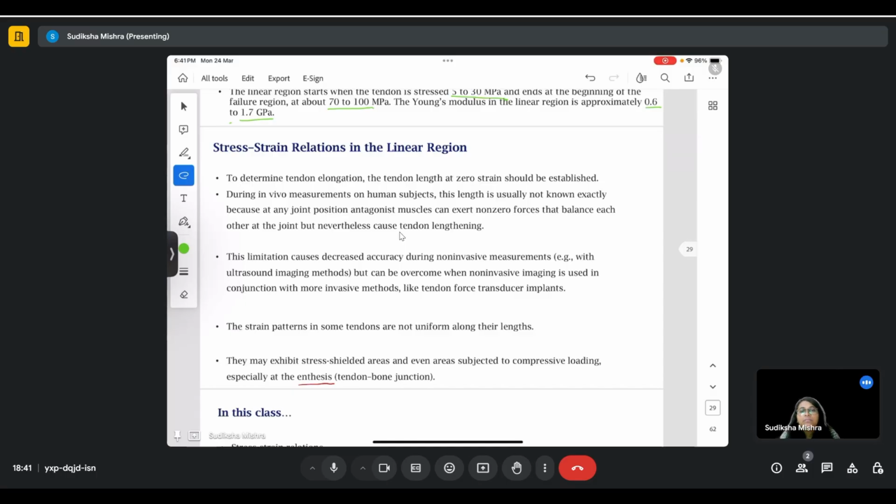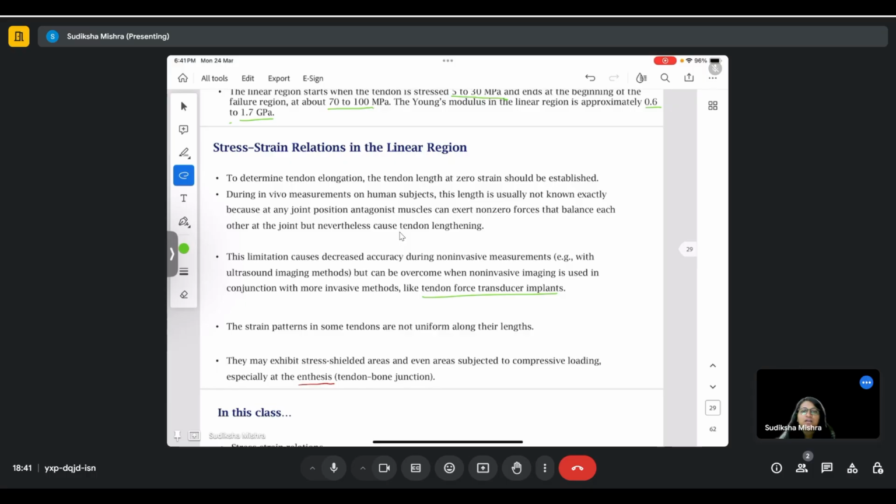This can be overcome by using some invasive techniques such as tendon force transducer implants, which are implanted near the tendon you are looking to study. However, these are very invasive and usually not ethically allowed to perform in humans in general.